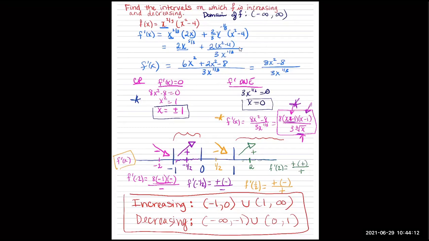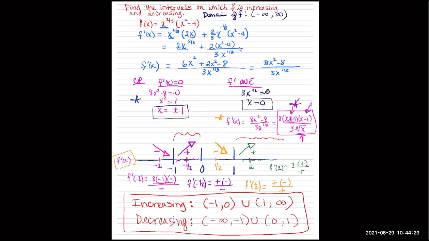So we know that a function is increasing when the derivative is positive, decreasing when the derivative is negative. And again, note the steps there. We took the derivative, simplified it, found the critical points, and then we marked the critical points on the number line.